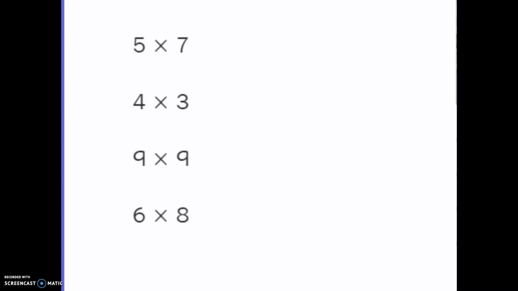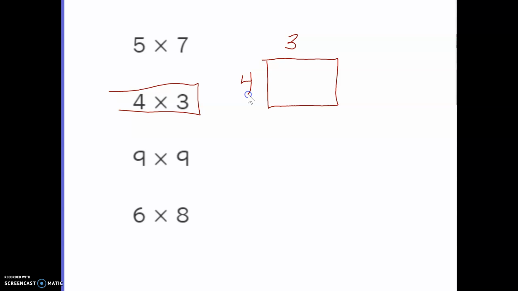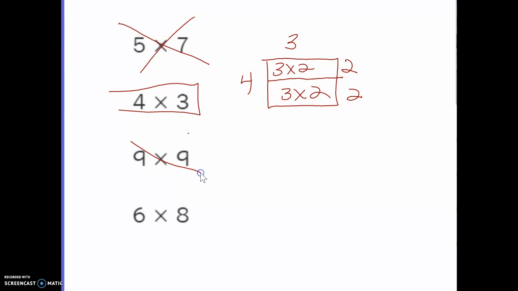Okay, well, if I look at 4 times 3 and I make a rectangle, 4 and 3, I can divide that 4 in half. So now it's 2 and 2. So it would be 3 times 2 and 3 times 2. I cannot divide 5 or 7 in half equally. I cannot divide 9 and 9 in half equally, but I can divide 6 in half equally.